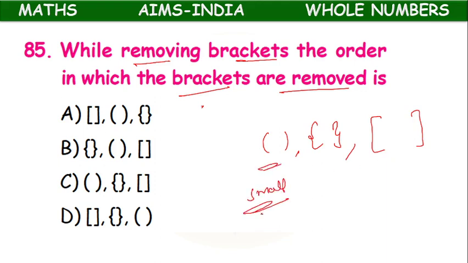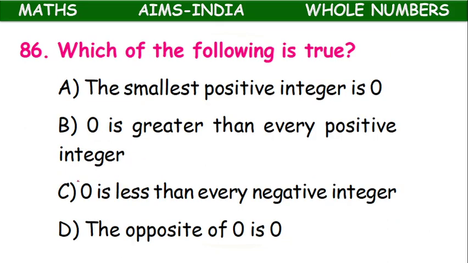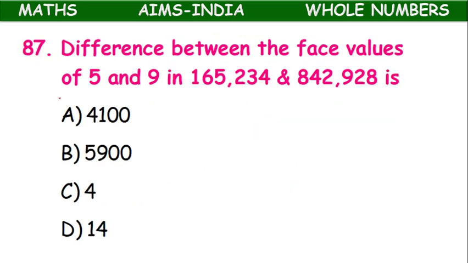Small brackets are removed first, big brackets or square brackets are removed last, flower braces in the middle. So C option is the right answer. Next, which of the following is true? This type of question we have already got, children, so do it as homework. 86th question. Next.